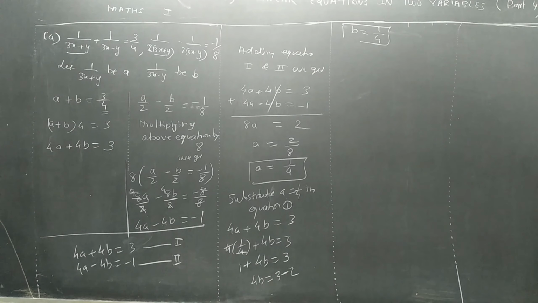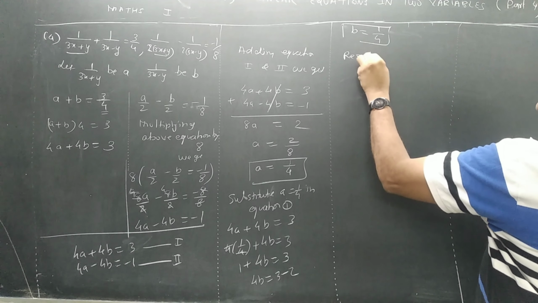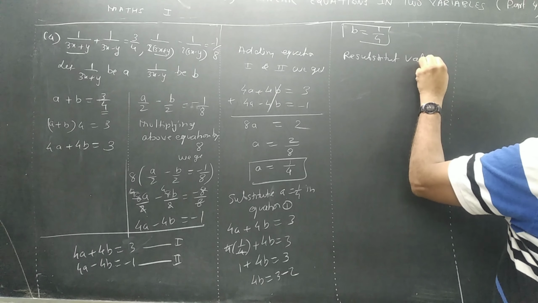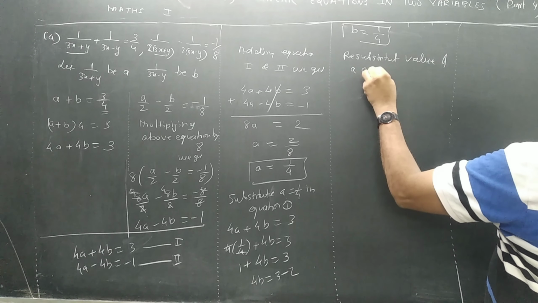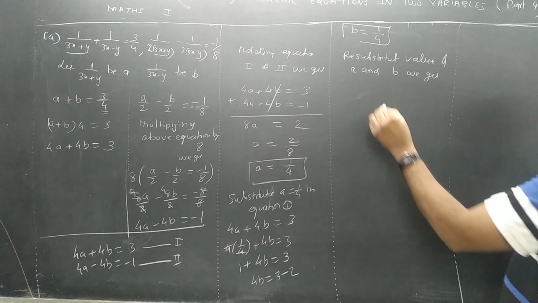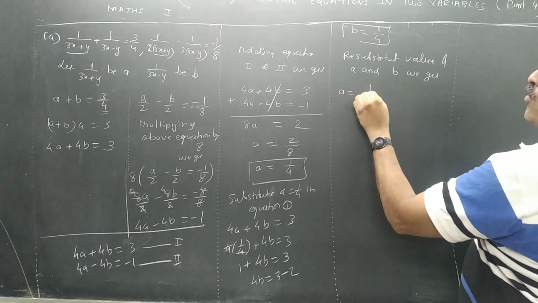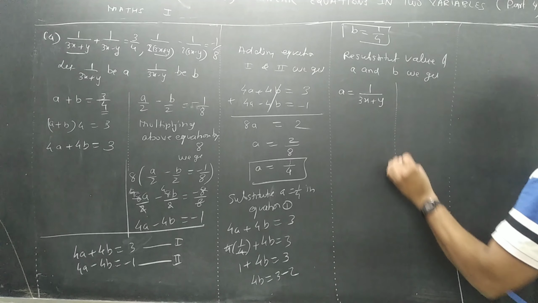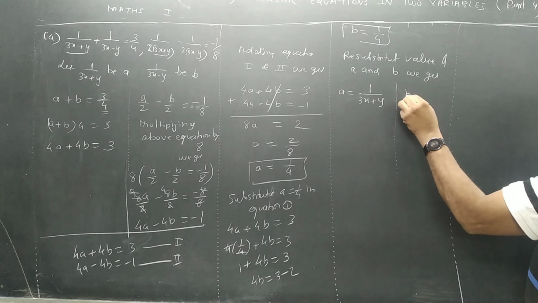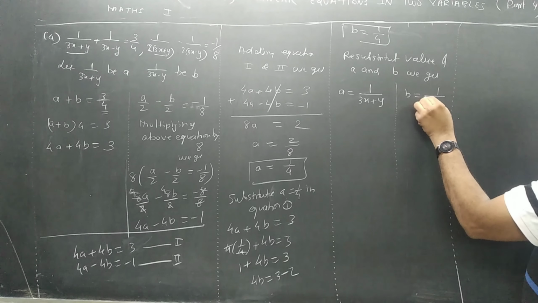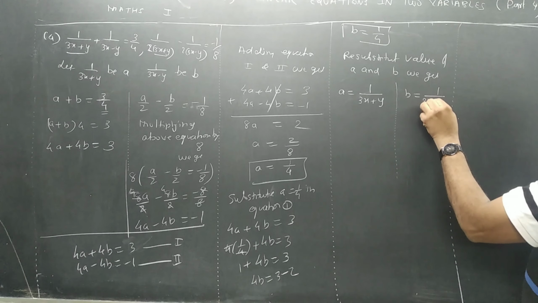Once you have the values of A and B, what do we do? Resubstitute. Resubstitute the values of A and B. What is the value of A? A is equal to 1 upon 3x plus y, and B is equal to 1 upon 3x minus y.